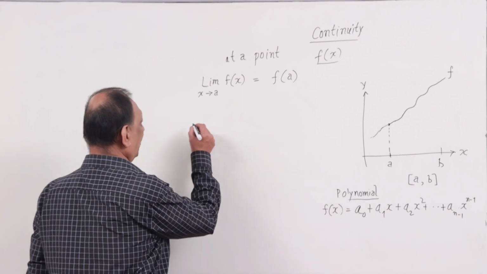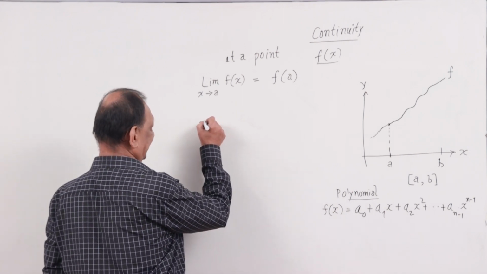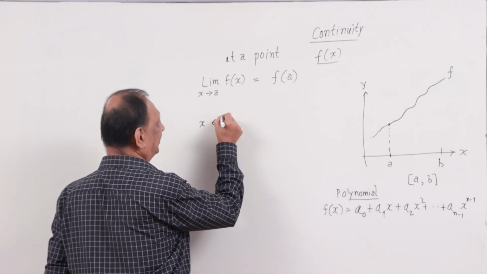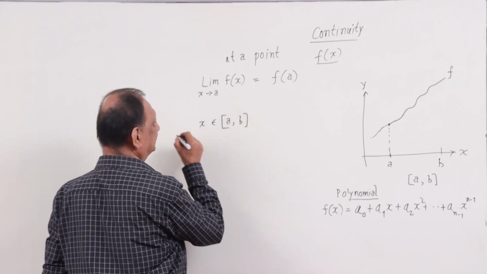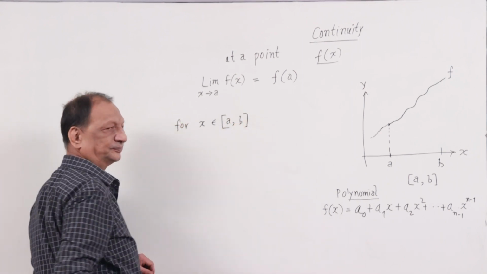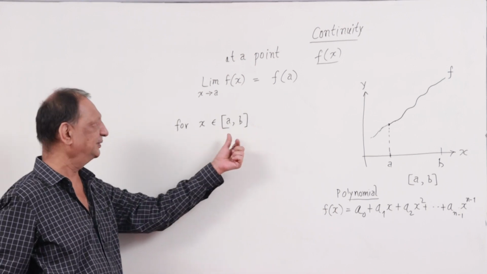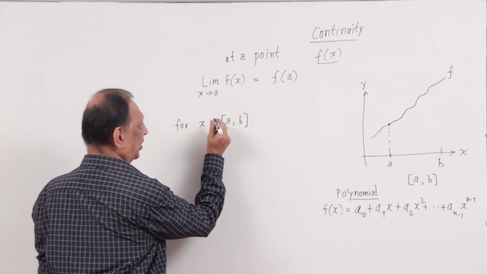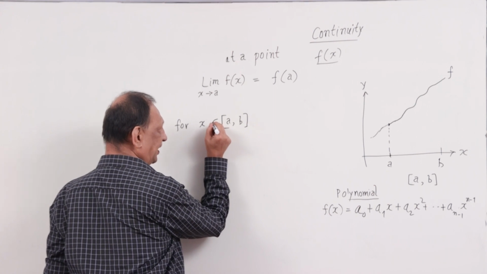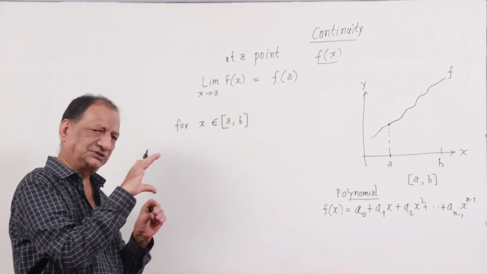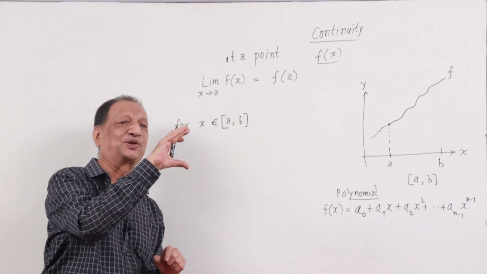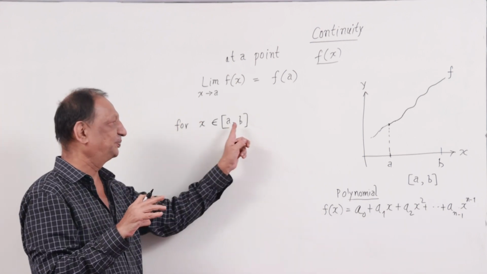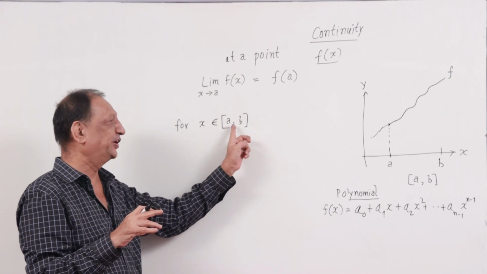That means for all x belonging to the closed interval [a, b], for any x value in this interval. So we write it like that. This is belonging to, not epsilon; it is the trishula symbol. So x is a point in that interval.